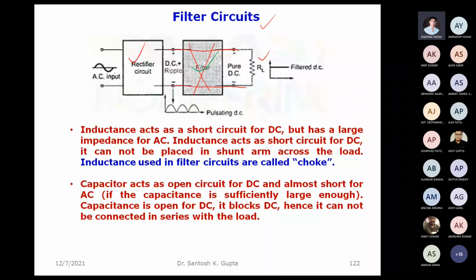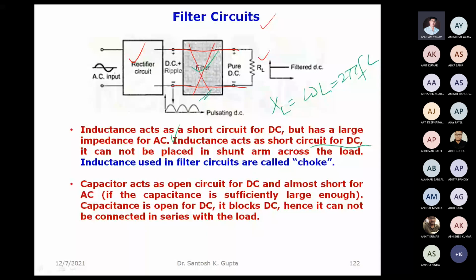First thing here is inductance. If you look at an inductor, it acts as a short circuit for DC, and it gives a very large impedance for AC signals. The amount of impedance given by an inductor is omega L, or 2 pi f L, where f is the frequency.